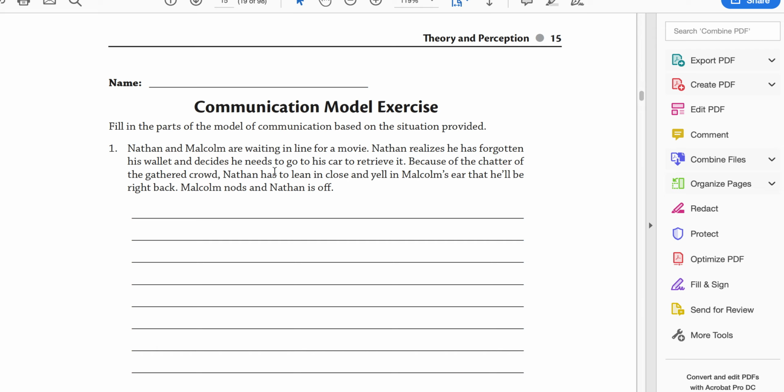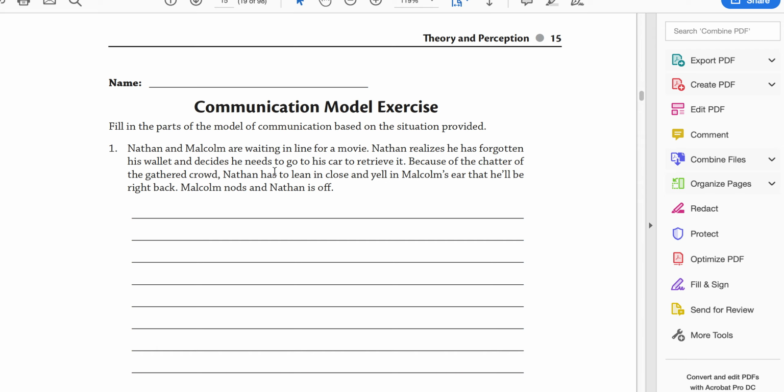Malcolm nods and Nathan is off. In this instance, and I'll help you guys with this one, Nathan is the sender. Malcolm is the receiver. Nathan tells Malcolm that he left his wallet in the car. Malcolm gets the message. If Malcolm nods, then that means that Malcolm received the message effectively and doesn't go into a panic whenever Nathan leaves to go to the car.